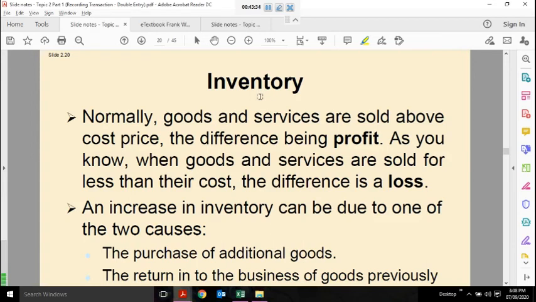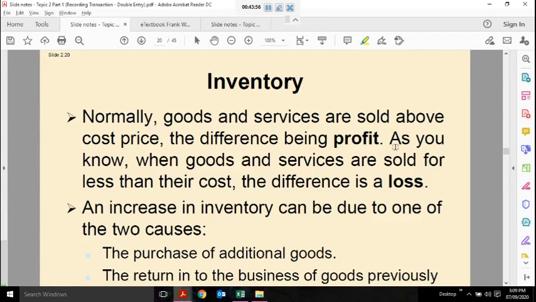This price difference is what we call profit. As businesses, when they sell their goods, products or services, the price usually will be much higher compared to the cost price. Only then you can declare the profit.